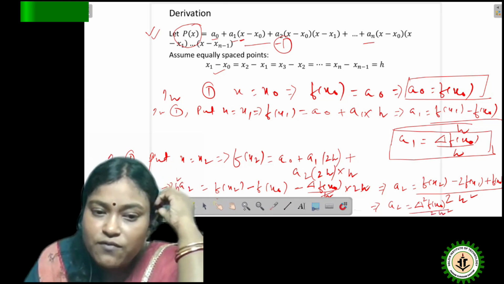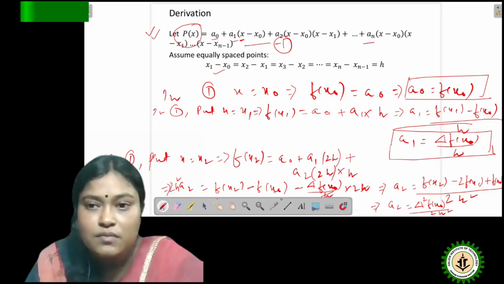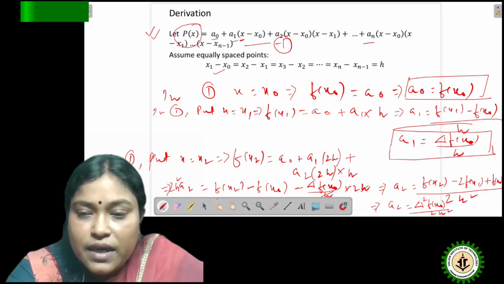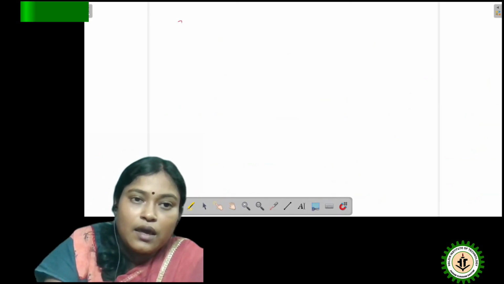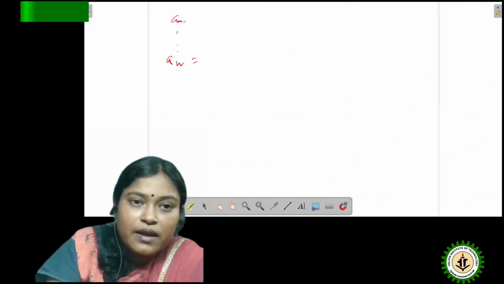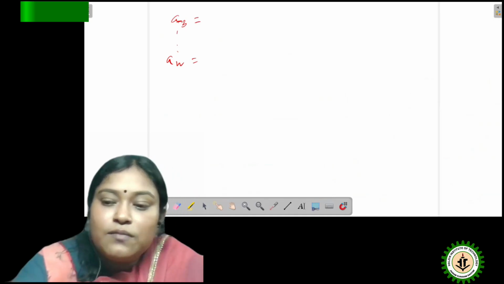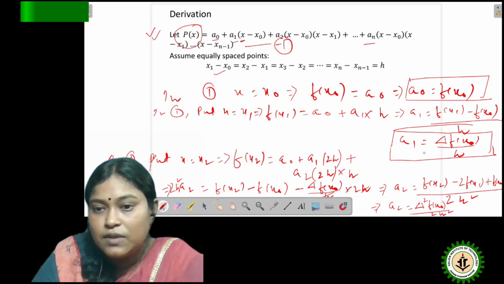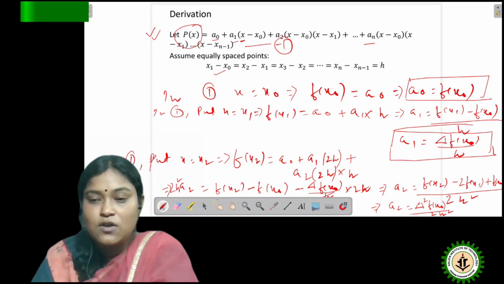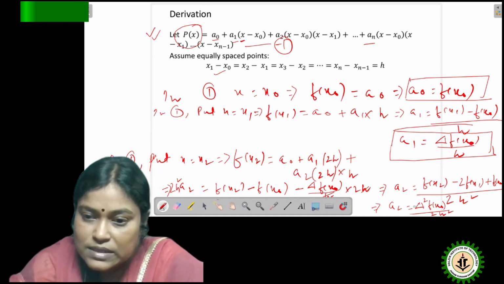So in this way, if I proceed, I will get an. Here I can write down a3. A naught is nothing but your f of x naught. Similarly, a1 is delta f of x naught by h. A2 is delta square f of x naught by 2h square.